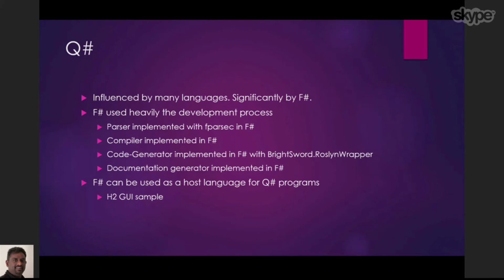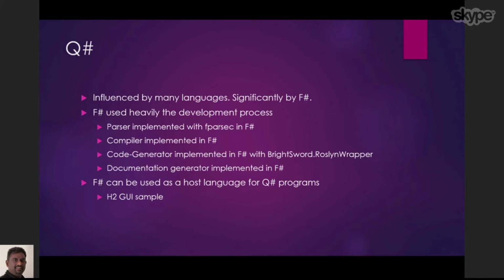The code generator actually uses another library that I wrote a long time ago to generate C sharp from F sharp. And that's written in F sharp. There's a Brightsword Roslyn wrapper library that you can go down and get at. And we generate all our C sharp code for simulation purposes with F sharp. And the document generator is entirely written in F sharp as well.